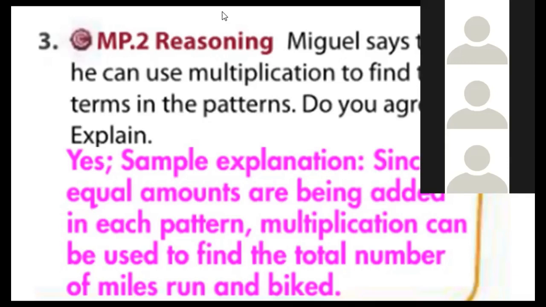Yes. So I can use multiplication instead of repeated addition inside the pattern. So multiplication can be used to find the total number of miles on run and bike. Easy, Usaid? Yes. Okay, my dear.